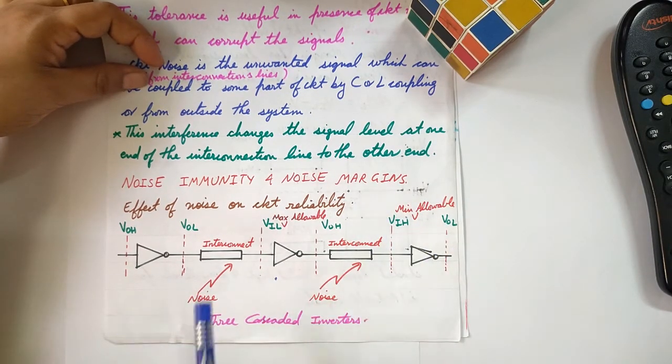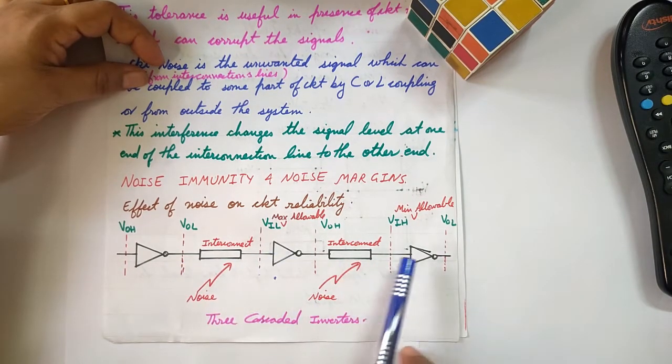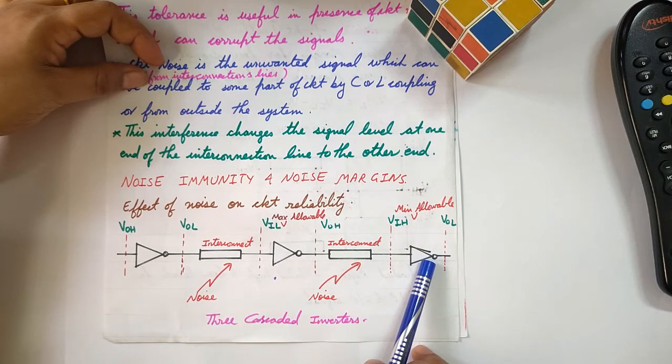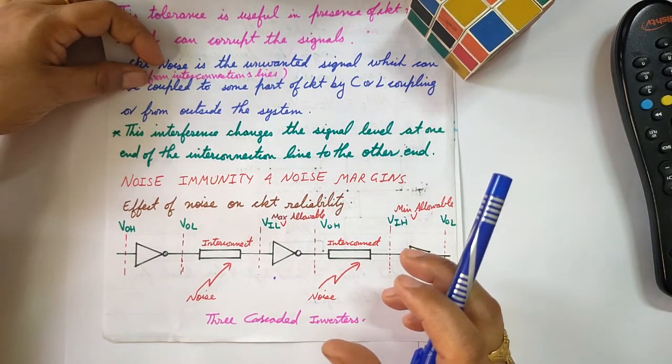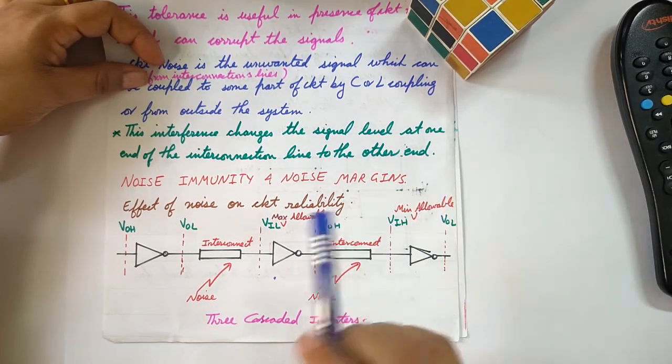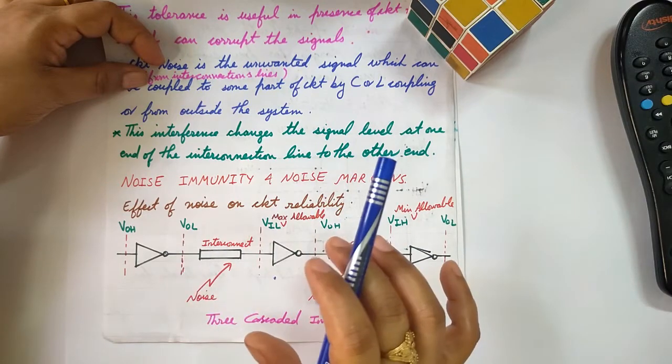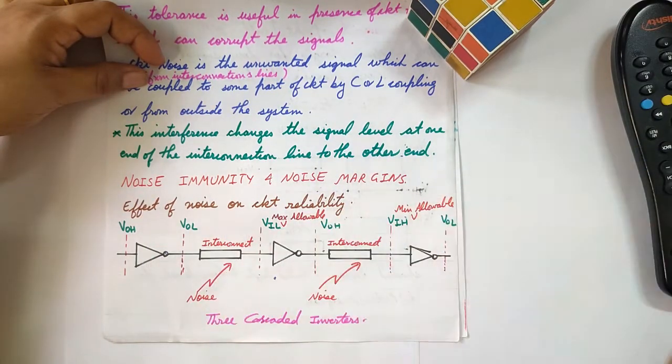Okay, now we'll see this. Here I have taken 3 cascaded inverters, and they are all identical so that we can do some study. When you talk about chips, there are so many devices, and it is a necessity that the output from one device is fed to another. Without this, you cannot integrate the whole chip.